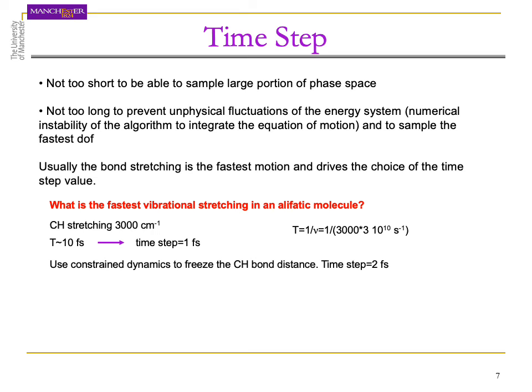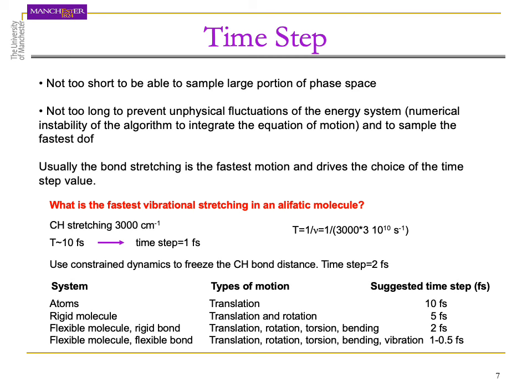Basically, if we can reduce in some way the motion of these fast degrees of freedom, for example, using constraint dynamics, which freeze the CH bonds, we can increase the time step that we can use in our simulations.